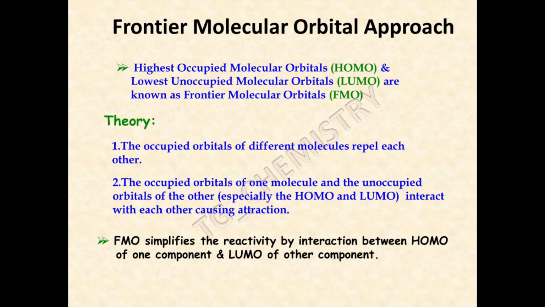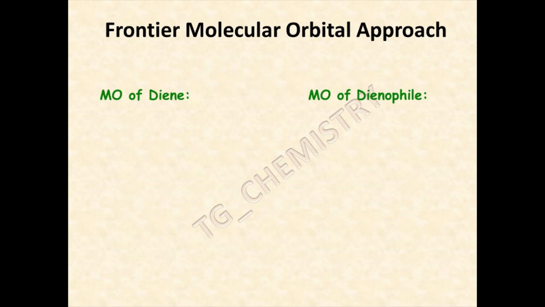In that sense, FMO simplifies reactivity to the interaction between the HOMO of one component, which can be the diene or dienophile, and the LUMO of the other component, which can be the diene or dienophile as well. First we will talk about the FMO approach, where we consider the molecular orbitals of the diene.